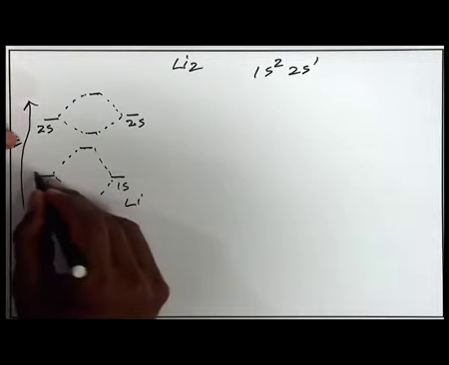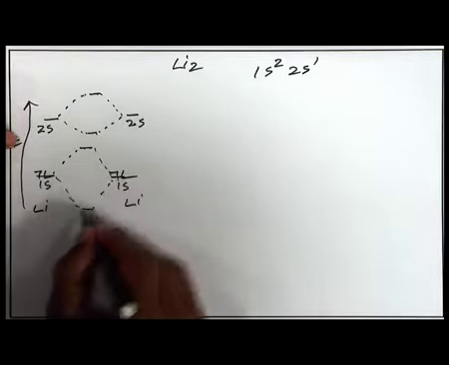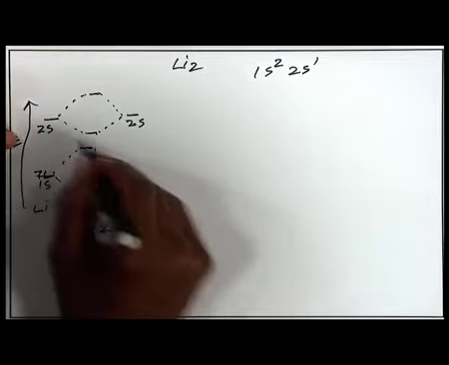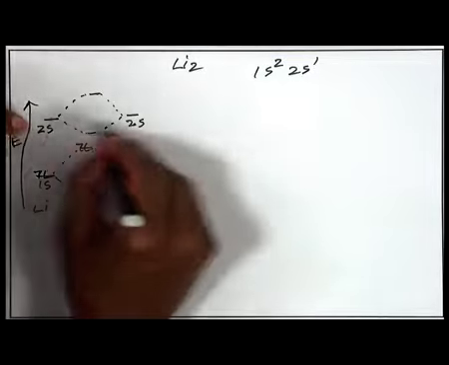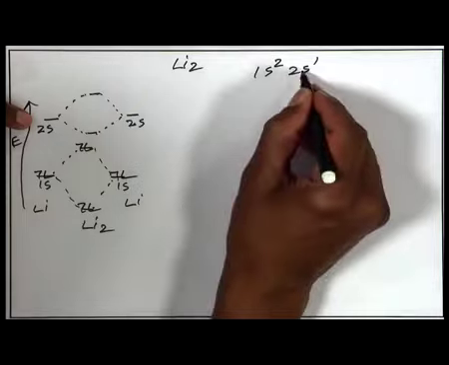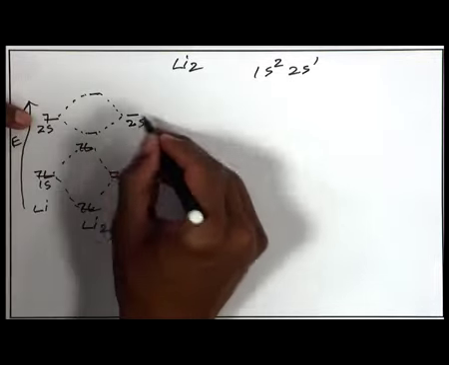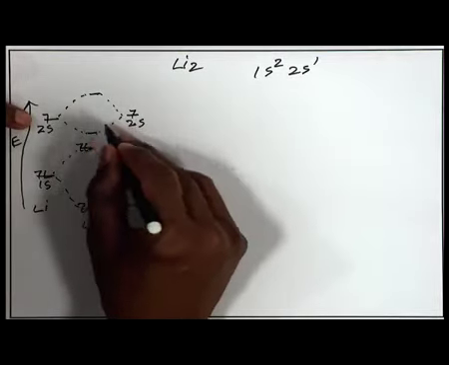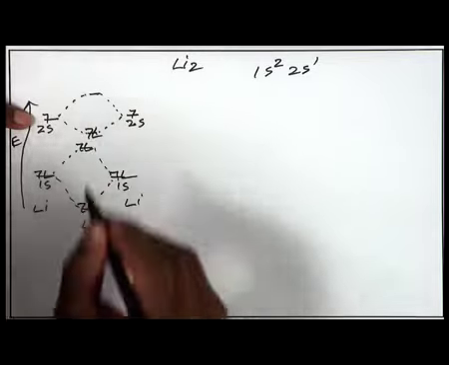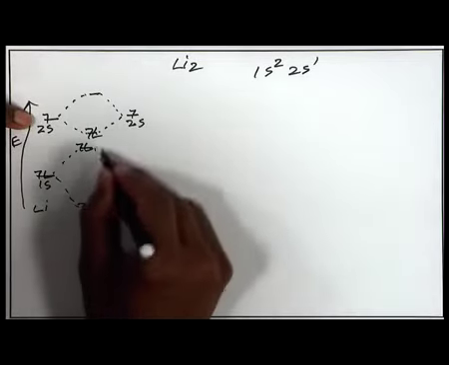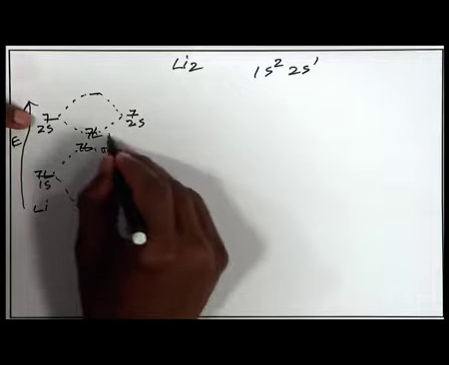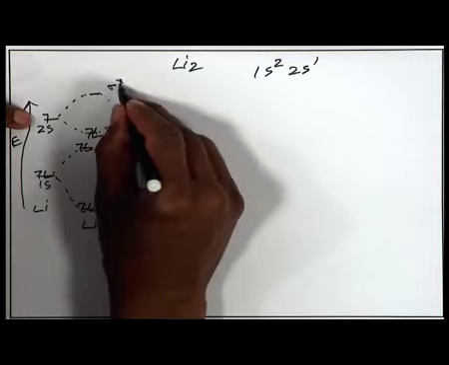Now it has 2 electrons here, 2 electrons here, both will go here, another 2 will go here. There is 1 electron here, 1 electron here, and both will go to the bonding molecular orbital. So, this is sigma, sigma star, this is sigma, sigma star.